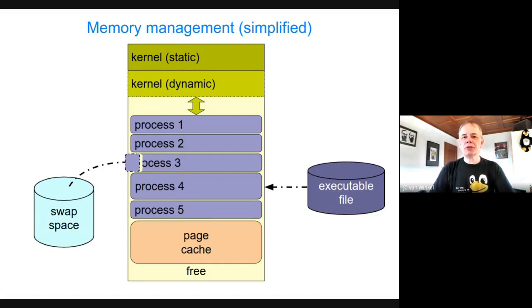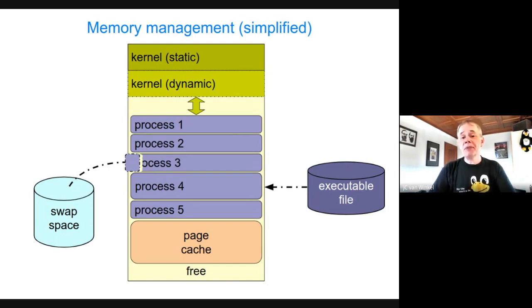The kernel will start searching for memory that can be made available, parts of memory that have not been used for a long time. For example, code can just be discarded because it can be hauled back in from the executable file. Or if these are pages of memory that have been changed by the running program, they should be copied to the swap space.